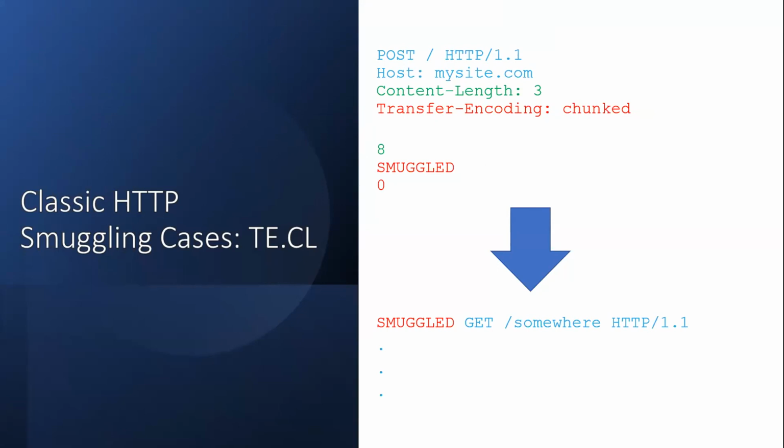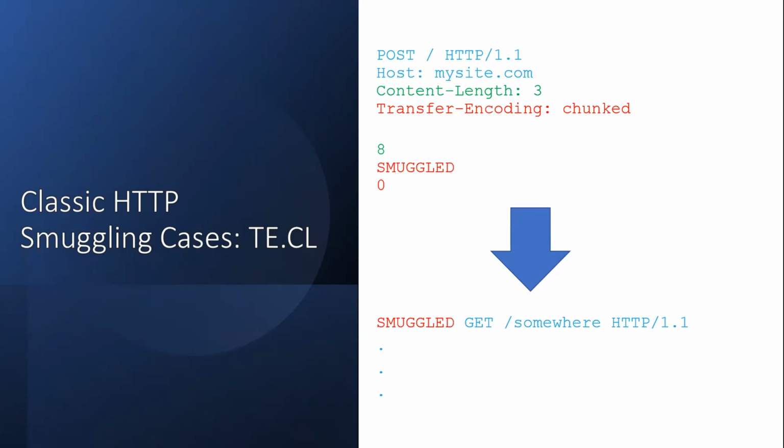So what happens if the front end looks at transfer encoding and the back end looks at content length? What happens is something very interesting. The front end takes the whole request because it's transfer encoding, it sees all of it, and it passes it on to the backend. Now the backend looks at content length and says, okay, so until 8. So here's the request, the first request I received. Now this smuggled, that's the next request.